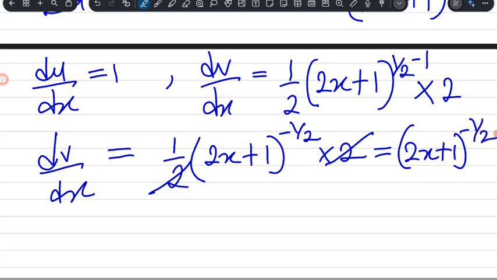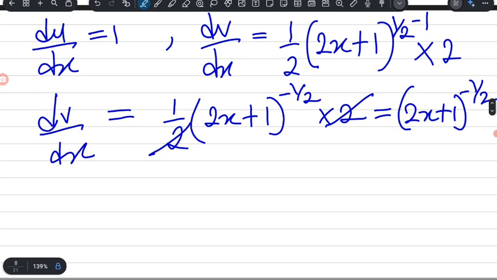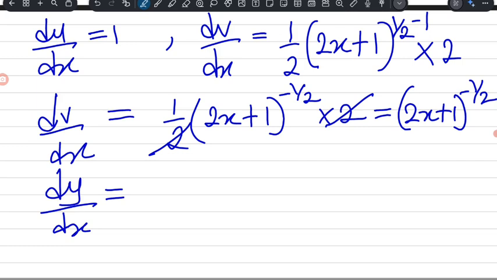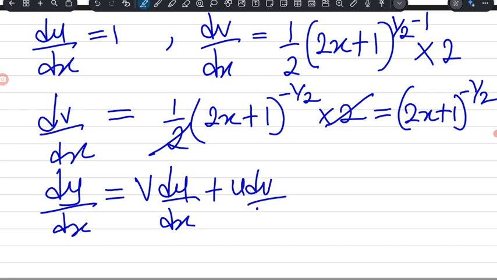Now, we try to apply the formula to have dy/dx is equal to v du/dx plus u dv/dx.